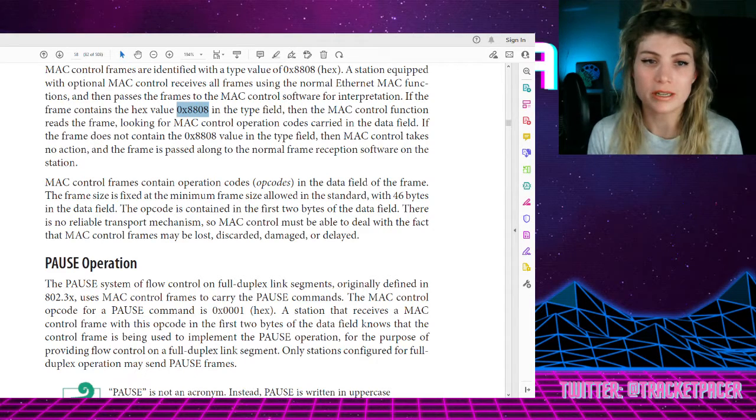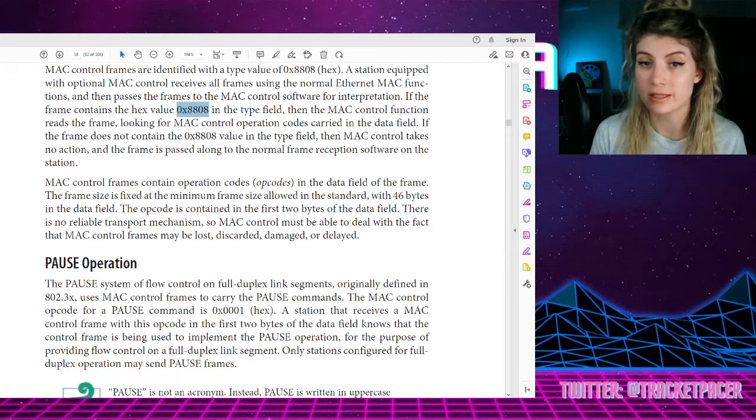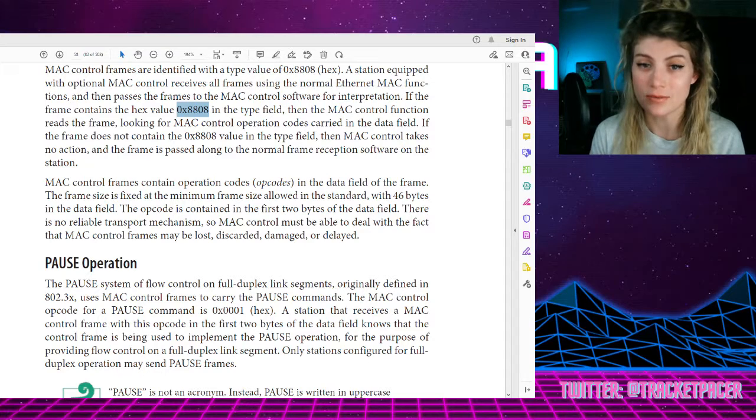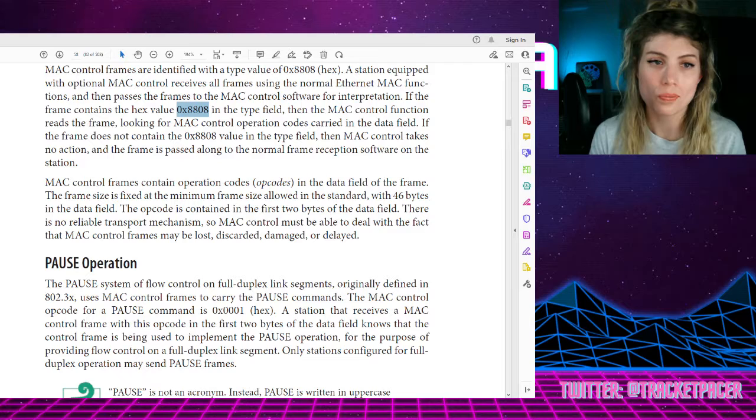If the frame contains the hex value 8808 in the type field, then the MAC control function reads the frame looking for MAC control operation codes carried in the data field. If the frame doesn't contain the 8808 value in the type field, then MAC control takes no action and the frame is passed along to the normal frame reception software on the station. Okay.